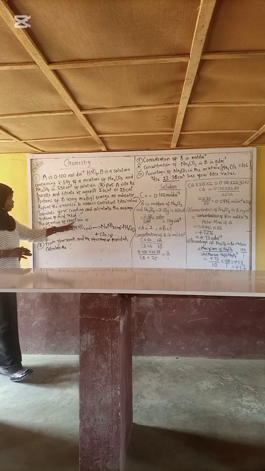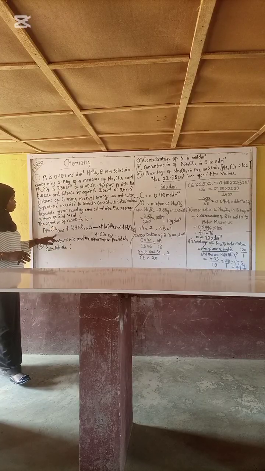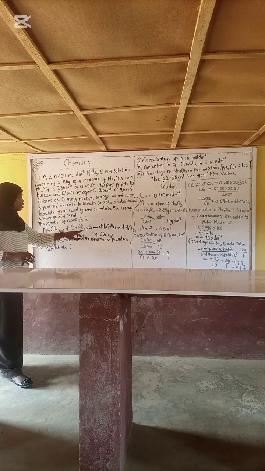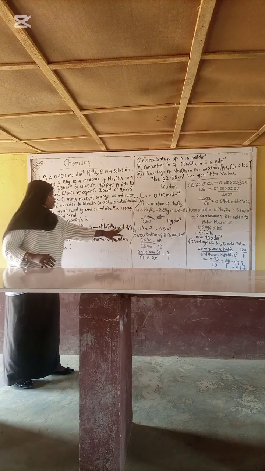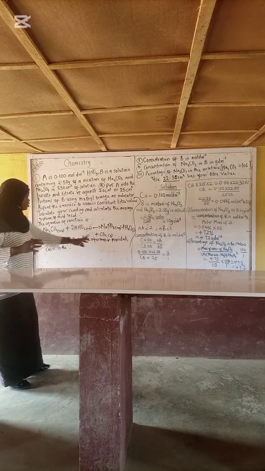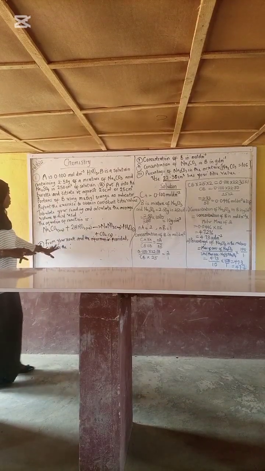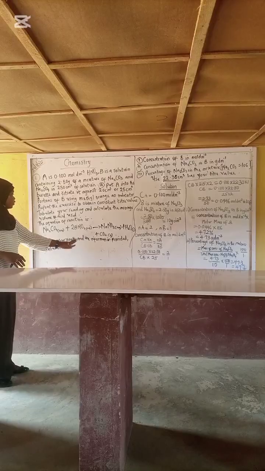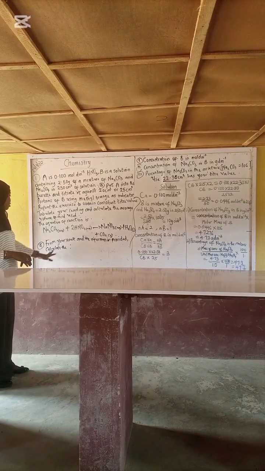Now, see the equation of the reaction. Sodium carbonate reacts with iron nitrate to give us this. But once it reacts with sodium carbonate, there will be a gas formed, CO2 gas. From the equation of the reaction provided, calculate the what?